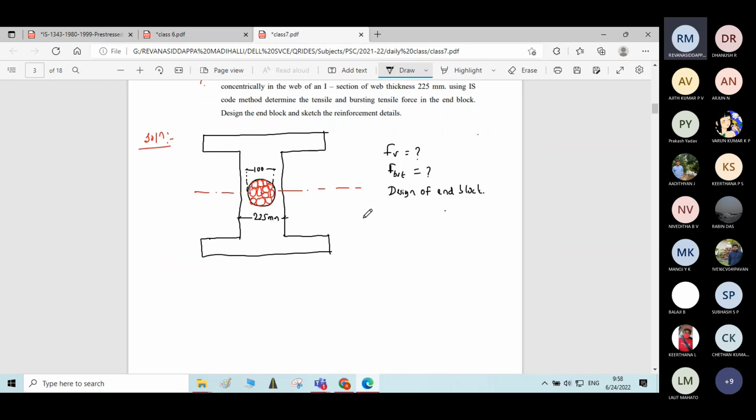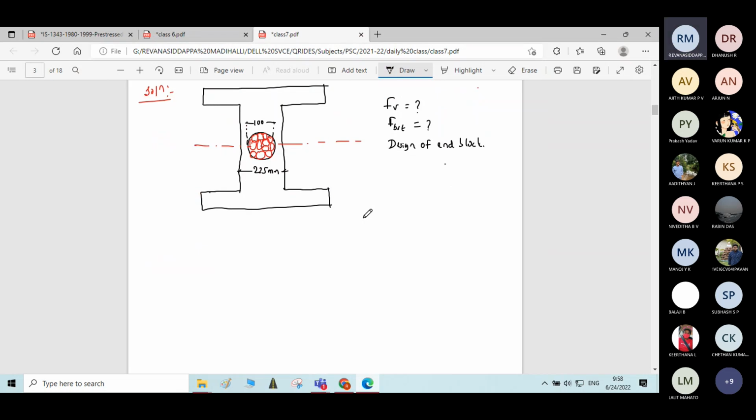How to find this pre-stressing force? You find the total area of the cable. Area of the cable multiplied by stress in the cable will give the pre-stressing force. First you find the area of the cable. The diameter of each wire is 7 mm.